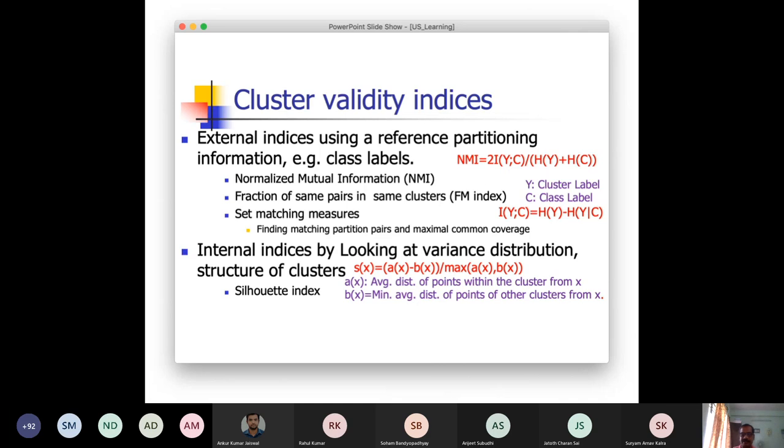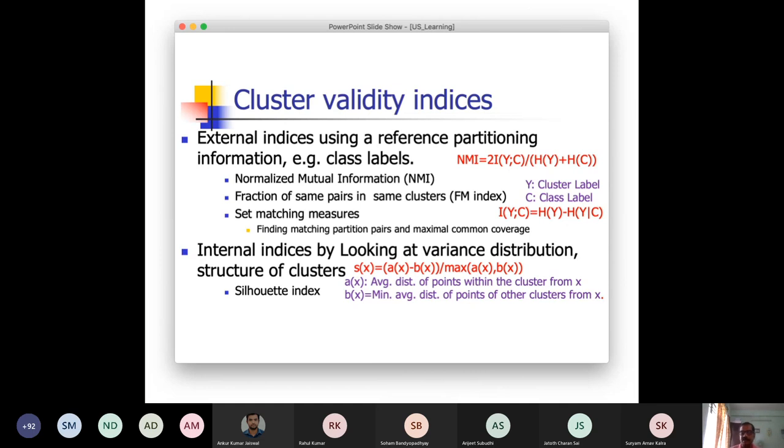That means this point is as if it is a center, and from that center you try to find what could be a radius by which you can draw a hypersphere, or a circle in 2D, so that all the points in that cluster will be inside, right? That is the interpretation of A(X). On the other hand, D(X) is the minimum average distance of points of other clusters. It's a kind of separability criterion, a separability property.